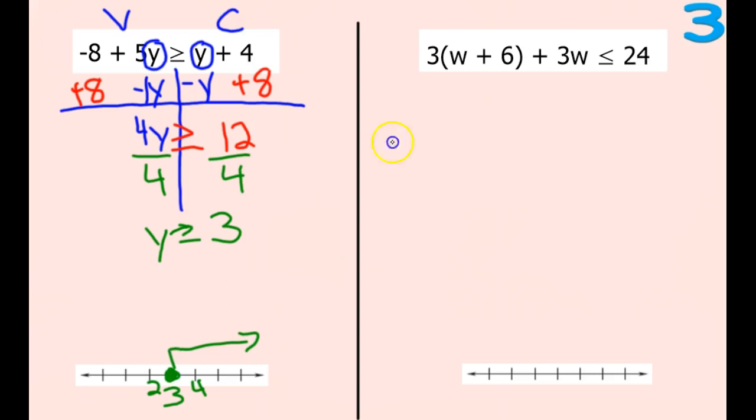Our next problem, we have some parentheses here, so we need to get rid of those. We do that by drawing our box. Three goes out front here. W plus 6 goes on top. 3 times W is 3W. 3 times 6 is 18.